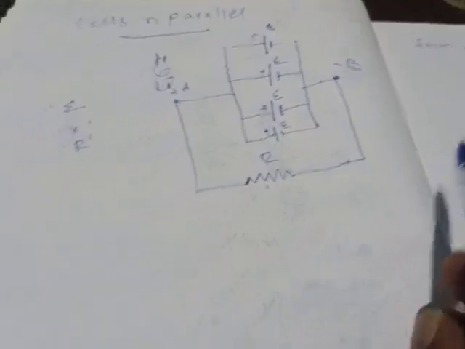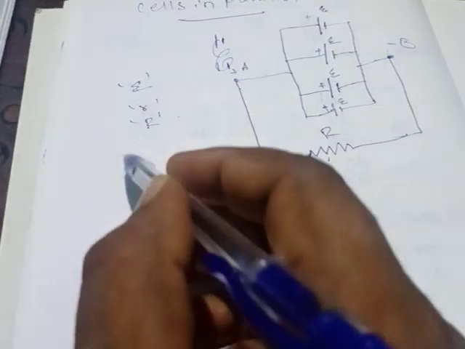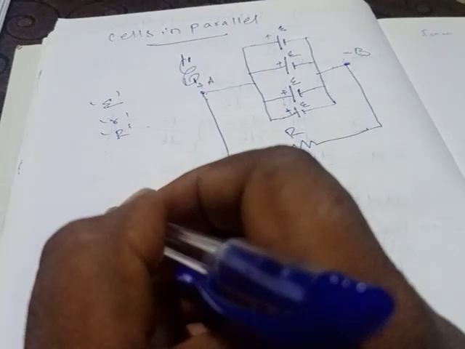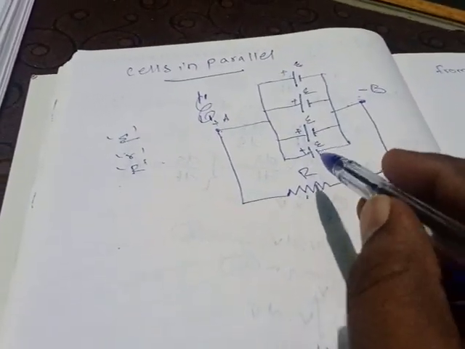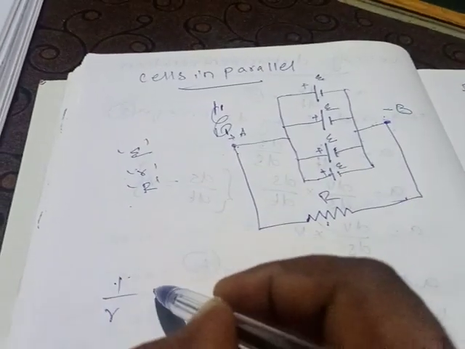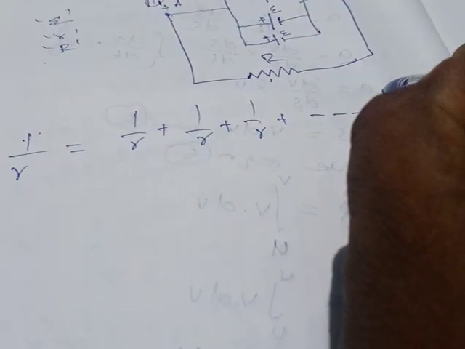And you know that when we are connecting resistances in parallel, or here cells connected in parallel, the equivalent total resistance, we know 1 by R is equal to 1 by r plus 1 by r plus 1 by r plus etc., up to n terms.